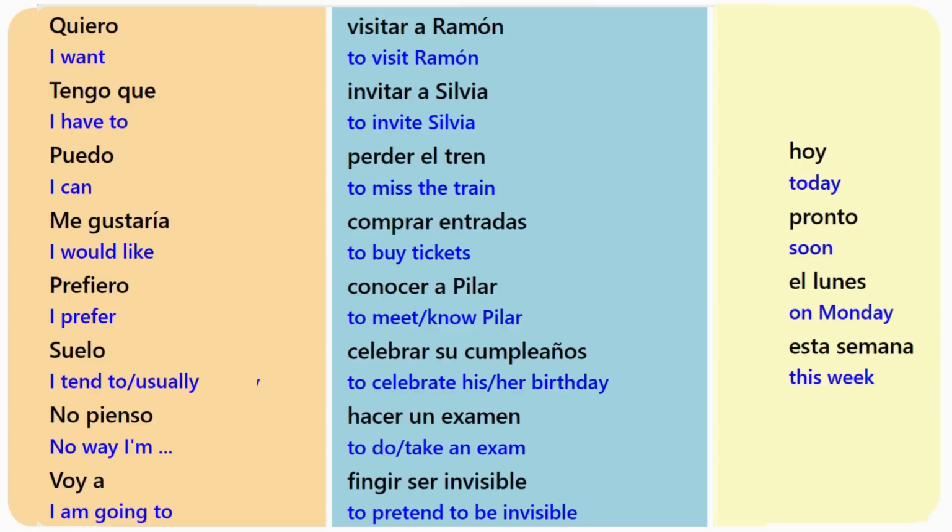I have to is tengo que. I have is tengo, but if we want to say the phrase I must, I have to, it's tengo que. And don't worry if you're feeling overwhelmed thinking this is just too much to take in. Just follow the flow of the lesson. Okay, so tengo que, I have to. Puedo is I can. Nice and easy. Puedo, I can.